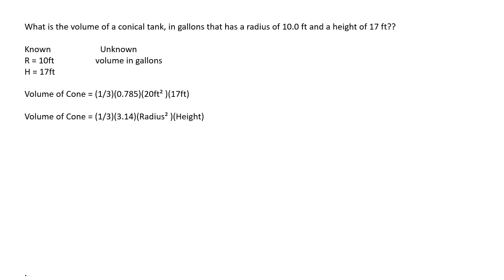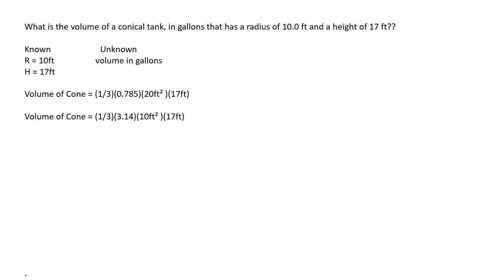And then here is the formula to solve with the radius itself, which is 1/3 times 3.14 times the radius squared times the height. So it's 3.14 for the radius, 0.785 if you have the diameter.